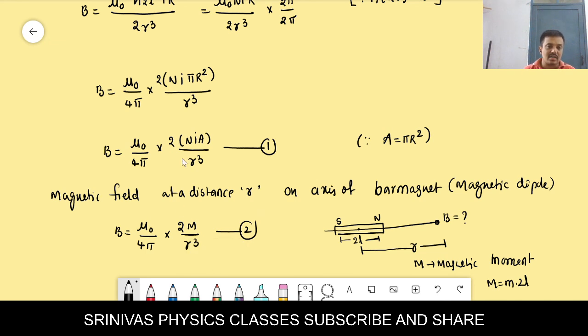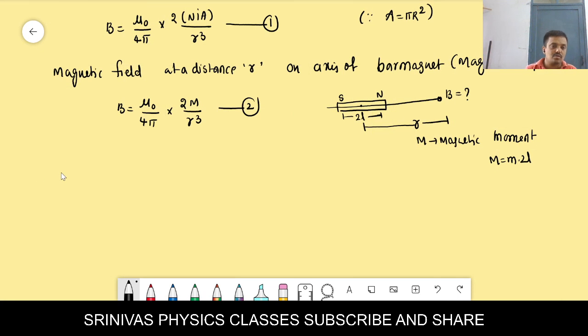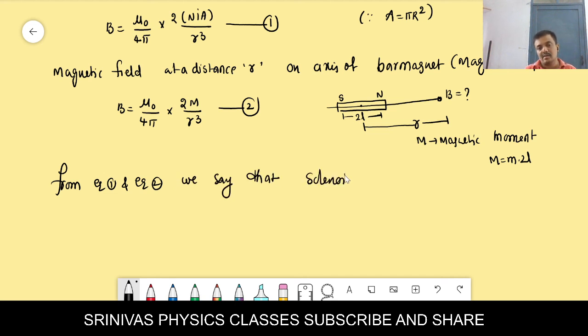This is for the bar magnet, and this is for the solenoid. The formulas for both of them are the same. Then from equation 1 and equation 2, we say that the solenoid is equivalent to a bar magnet, because the field generated by the solenoid and the field generated by the bar magnet are the same, that's why both are equal.